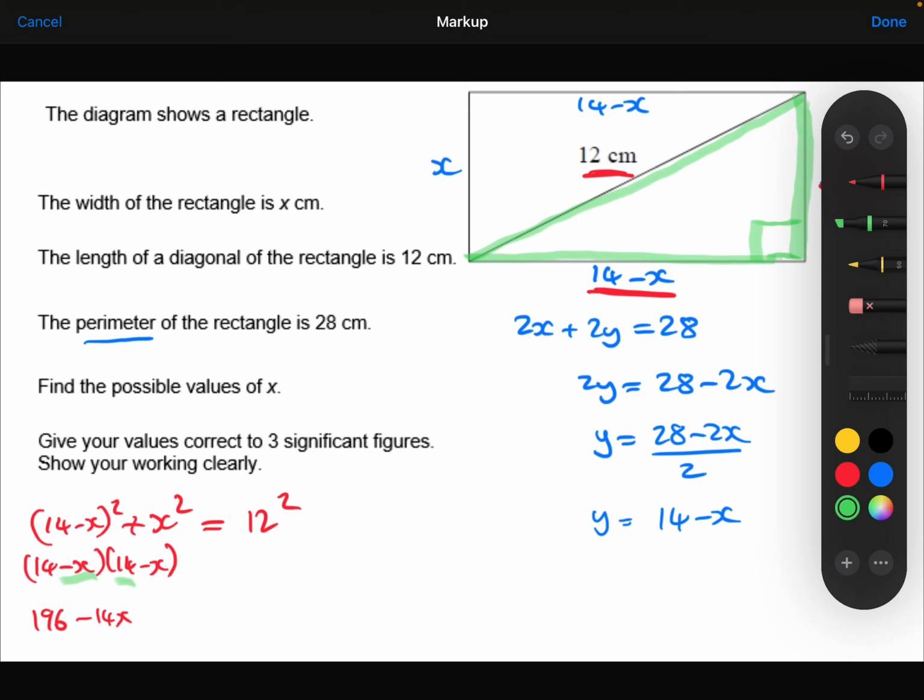The minus x times the 14 is minus 14x. And then the minus x times the minus x is plus x squared. So this is this. We've then still got the x squared equals 12 squared, which is 144.